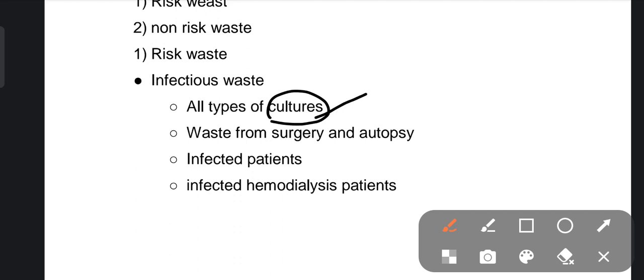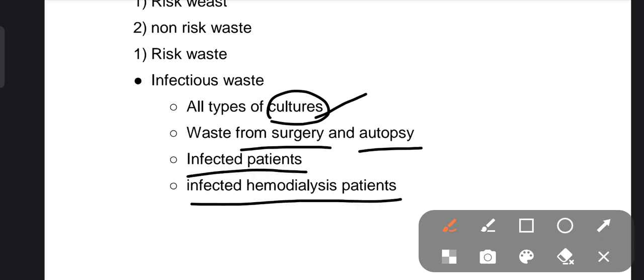Those are the cultures, and wastage from surgery and autopsy. After the surgery the surgeons will remove the unwanted parts, which come under surgery, and autopsy is nothing but dead bodies. And infected patients, infected hemodialysis patients.